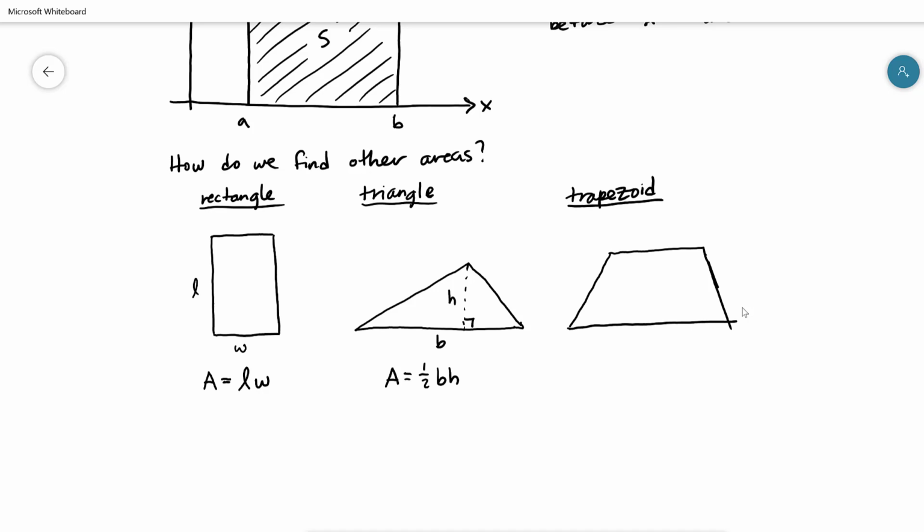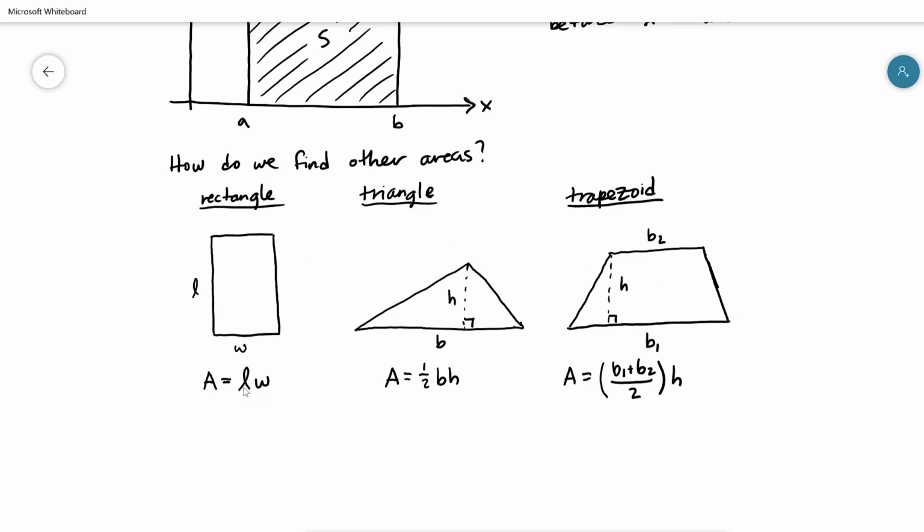Okay, so there's our trapezoid shape. It is also going to have a height, that's a right angle, and it's going to have two bases, base 1 and base 2 being these two parallel sides. The area of this one requires us to take the average of those two bases, so b1 plus b2 over 2, and multiply that by the height.